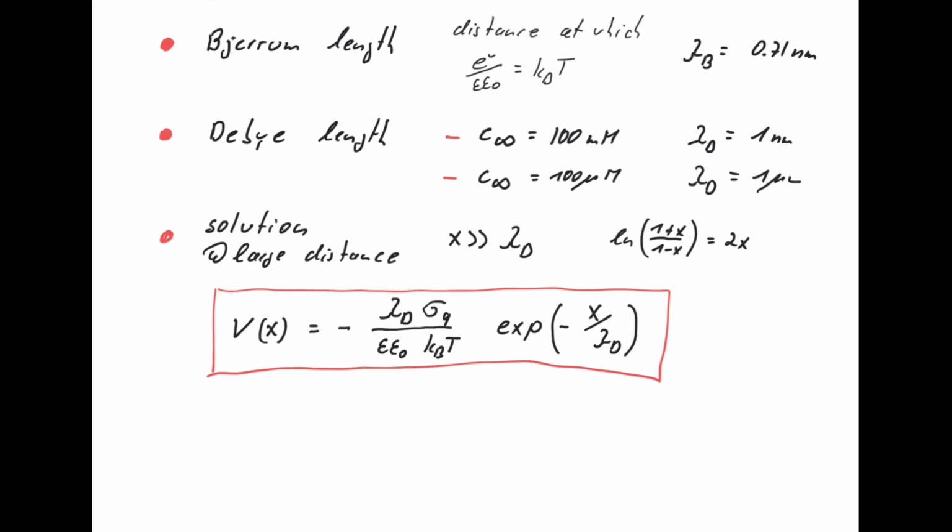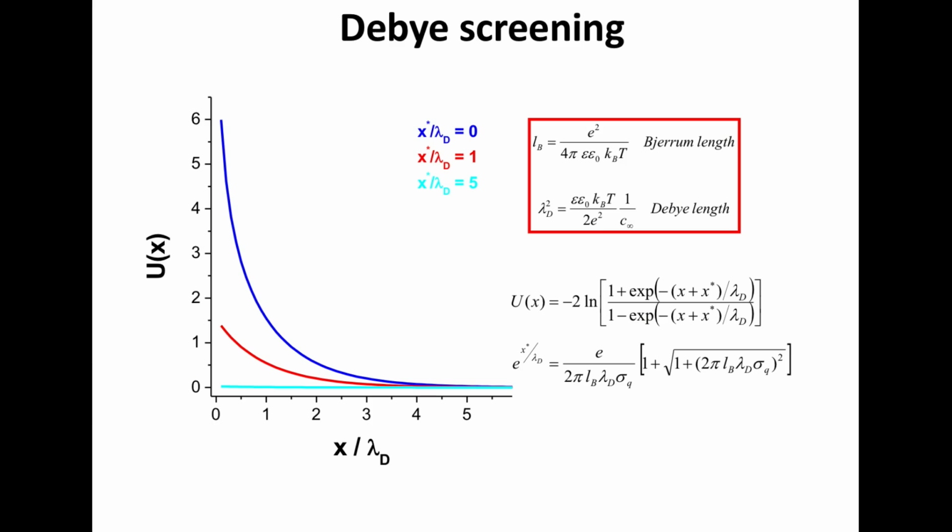In this graph, I've plotted the solution to the Poisson-Boltzmann equation for various values of the parameter x star, which describes the amount of charges on the surface in relation to the concentration of the ions outside.